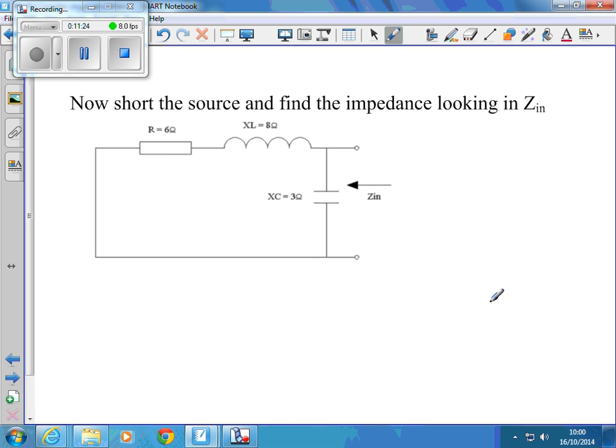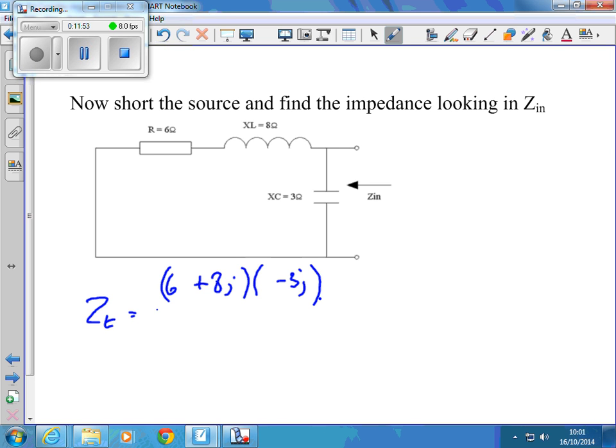No? You did it all in rectangular. Yeah. So Z-T, that is, the top line is 6 plus 8J times minus 3J. Yeah, you've done that, did you?